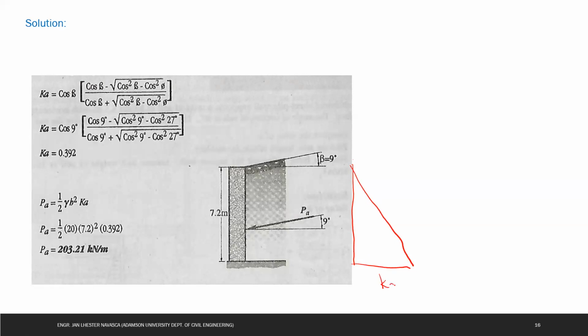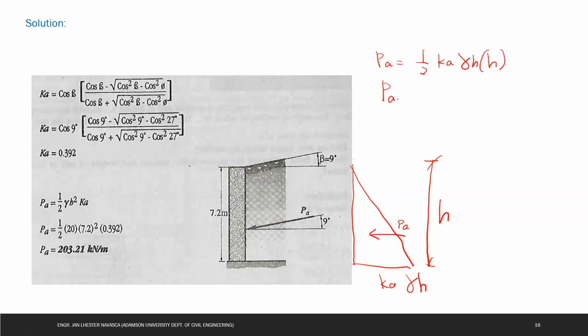This is K sub A gamma H, and this one is also H. So solving for P sub A or F sub A is equal to the area of this triangle, that is 1/2 K sub A gamma H times H. Therefore your P sub A is equal to 1/2 K sub A gamma H squared.